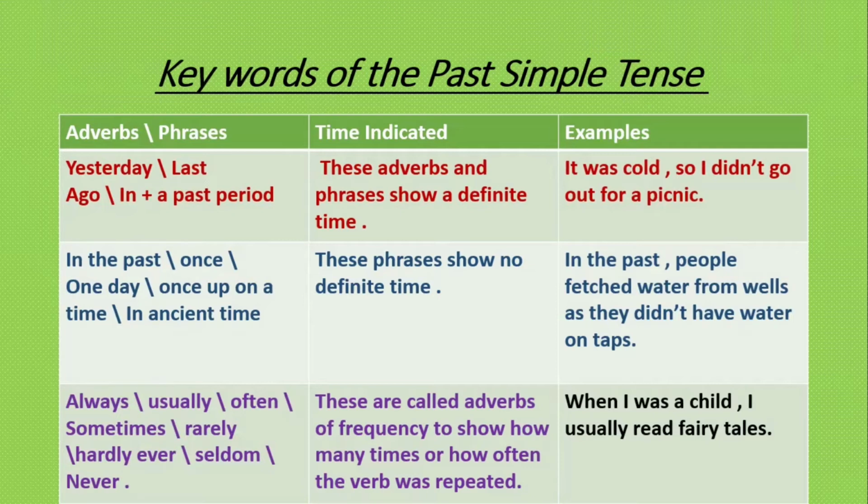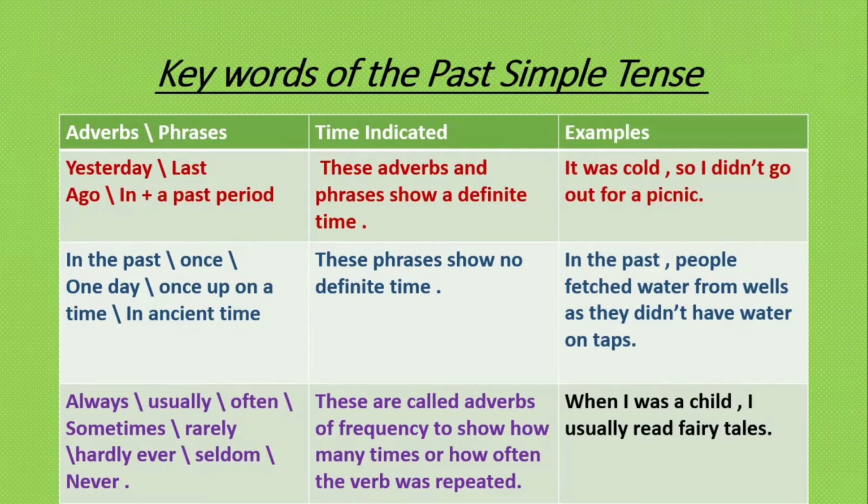Then we have some phrases that give no definite time. They give an open period of time, like in the past, at any time in the past, once, one day, at any day in the past, once upon a time, in ancient times, any time before now. So these phrases give no exact time, but they show that the action was in the past.